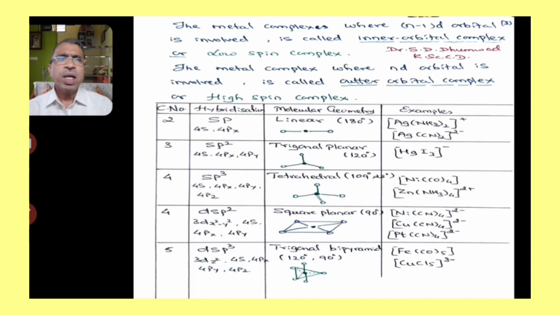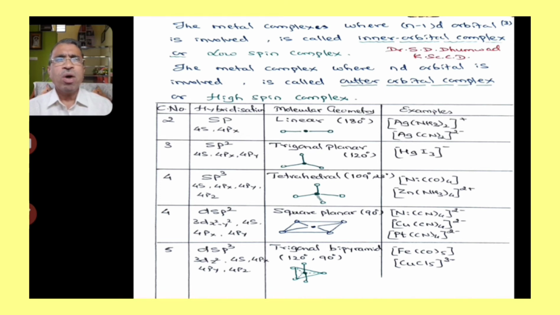The metal complexes where the n-1 d orbital is involved are called inner orbital complexes, or low spin complexes. The metal complexes where the nd orbital, that is the 4d orbital, is involved are called outer orbital complexes or high spin complexes.